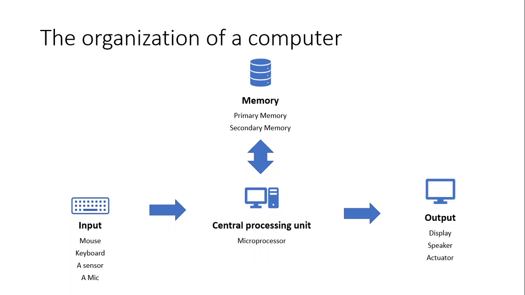Now we distinguish between the terms data and information in this particular course, but in many books and other literature about computers, they may use data and information as terms that mean one and the same thing. That is also possible. But for the purpose of this course, we distinguish between data and information.